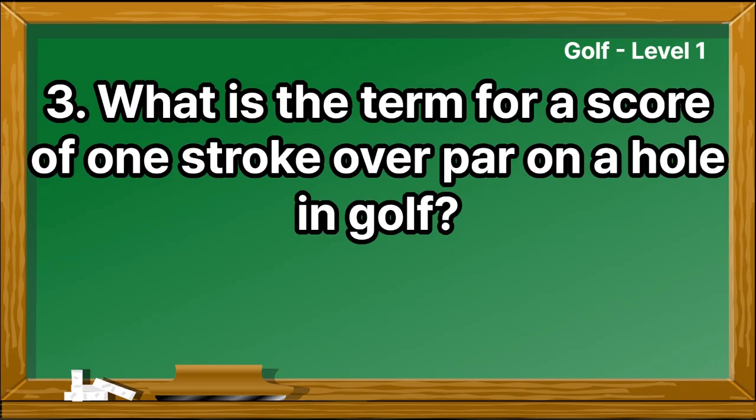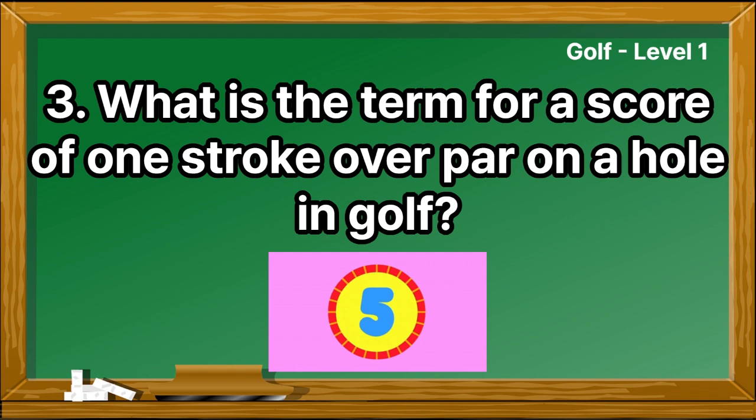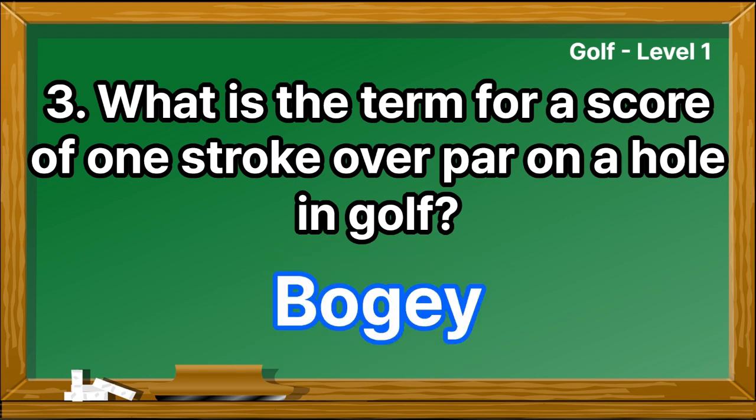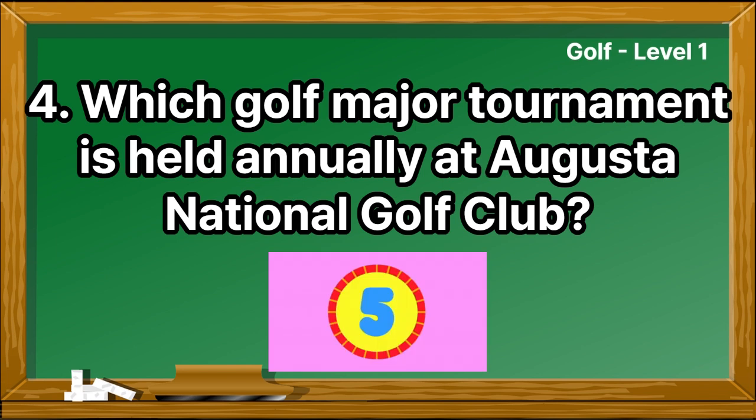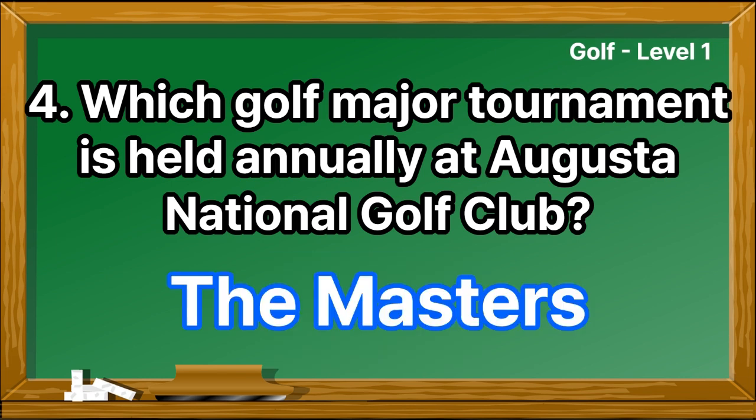What is the term for a score of one stroke over par on a hole in golf? Bogey. Which golf major tournament is held annually at Augusta National Golf Club? The Masters.